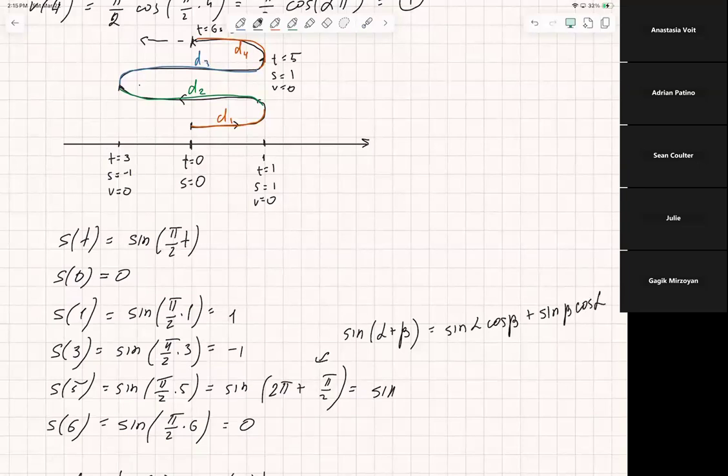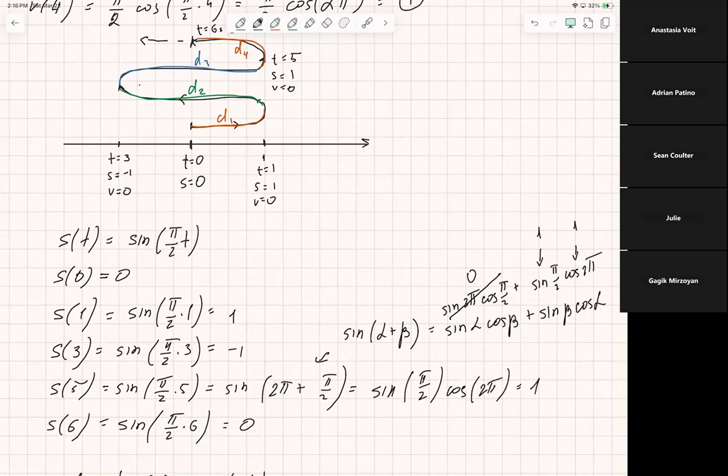We will get sine of 2 pi cosine pi over 2 plus sine of pi over 2 cosine 2 pi. And this is gone because that's 0, right? And for this one, sine pi over 2, that's 1, and cosine 2 pi, that's also 1. So that's going to be 1 here. All right?